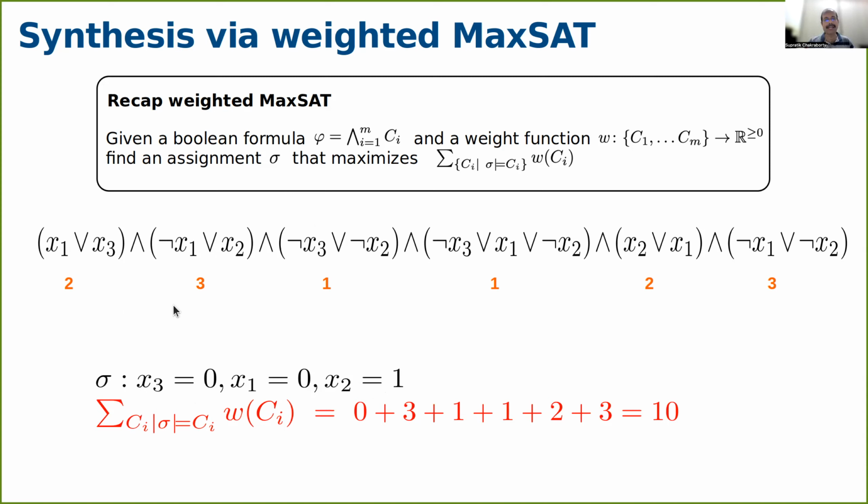And so I can add up the weights, and the weight is 10, right? So for this assignment, the weight is 10. And my goal is to find an assignment that maximizes the sum of weights of satisfied clauses. Okay, so this is weighted MaxSAT. And what we're going to do is try to encode the Pareto-Optimal synthesis problem as a weighted MaxSAT problem, and we'll see how that encoding works and then how we use it to explore the Pareto frontier.